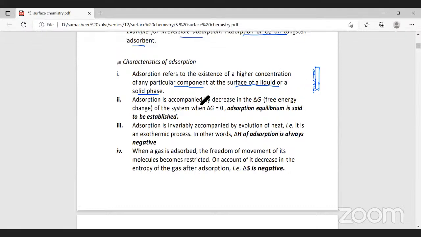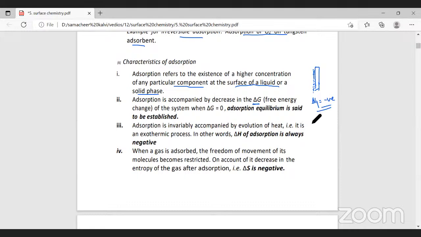Adsorption refers to the existence of a higher concentration of any particular component at the surface of a liquid or a solid phase. Second, adsorption is accompanied by a decrease in free energy. Always remember, free energy is represented as delta G, and delta G will always be negative. In case of adsorption, there is a decrease in free energy.